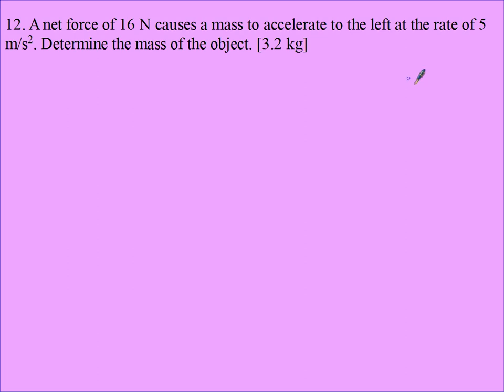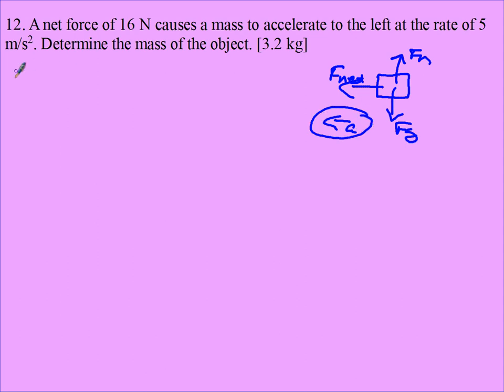Number 12, I have a net force of 16 newtons causes a mass to accelerate to the left at a rate of 5. Find the mass. Okay, free body diagram. Fg goes down, Fn goes up, and I have a net force of 16 newtons, and I've got it accelerating to the left.